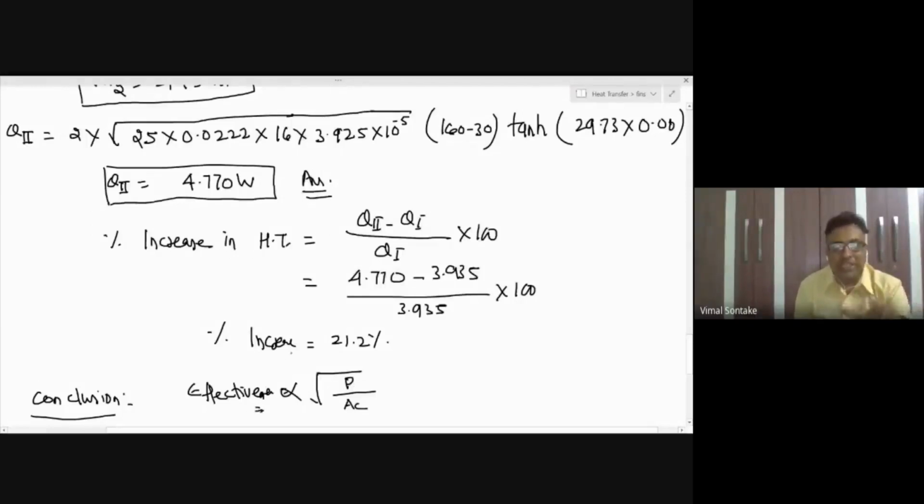So same thing is happening here itself. Instead of single fin of larger diameter, if you are reducing its cross-sectional area, it will increase the heat transfer rate. That is, fins will be more effective if instead of single larger diameter fin, they are of a smaller diameter, but their number is increased. Okay, so that is the conclusion.